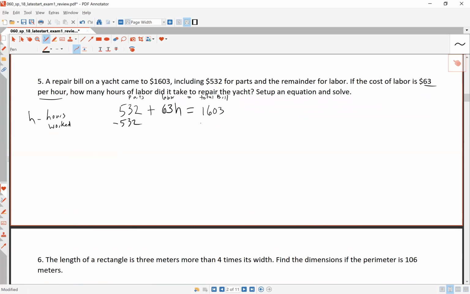So we subtract 532 from both sides. And 3 minus 2 is 1. 10 minus 3 is 7. 1,071.